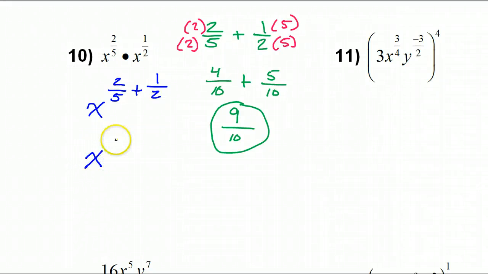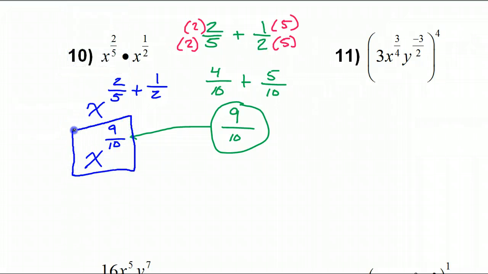So when I have x to the 9/10, this is where that came from. And that's it. That's the final answer for number 10. Since we started out in exponent form, we will leave this in exponent form. No radicals.